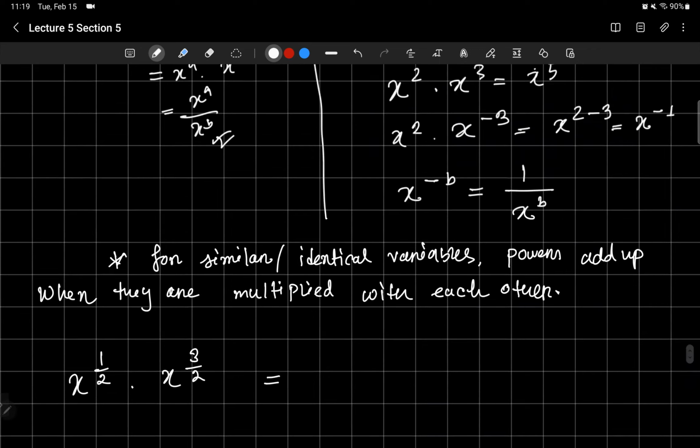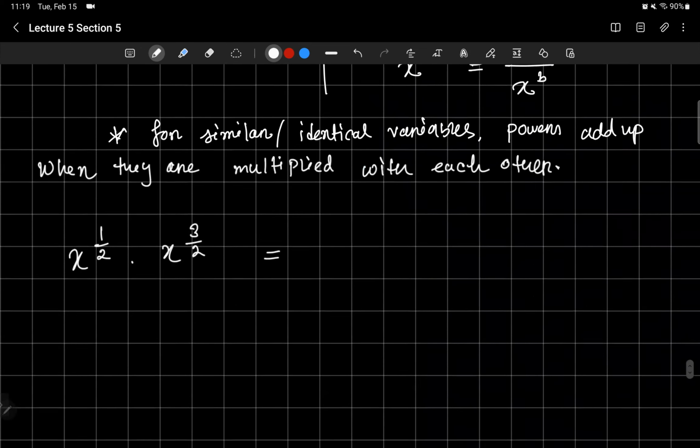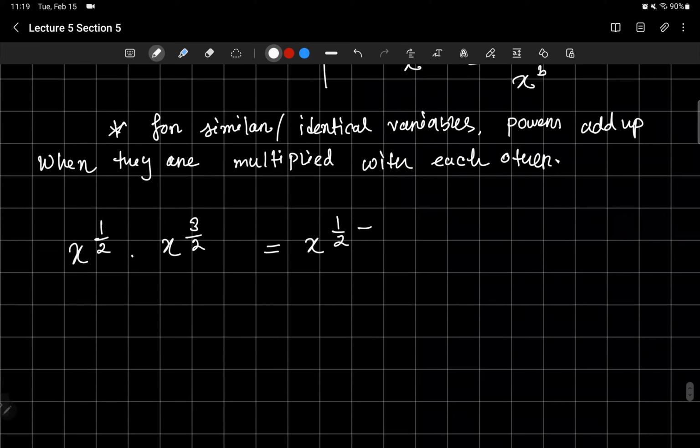Then by this definition, you can write it as x to the power 1/2 plus 3 by 2. And this is just 1 plus 3 over 2, that means 4 by 2. That means just x squared.